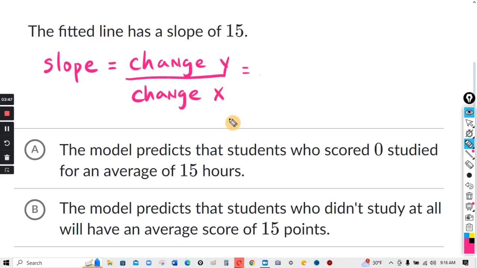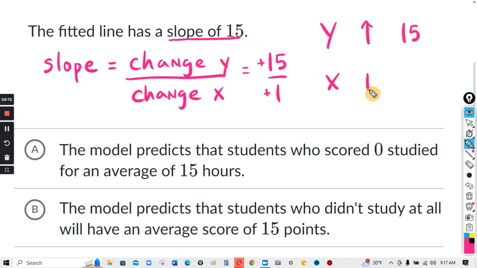You want to make it into a fraction. Since the slope is 15, we can make the slope equal to 15 over 1. And these are both positive, so that means y increases by 15 when x increases by 1.